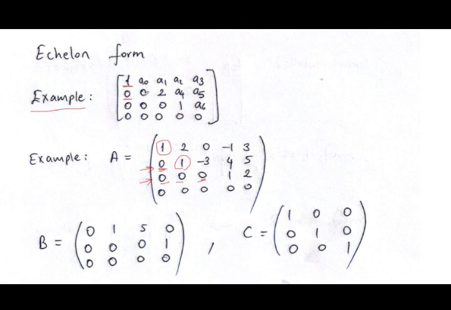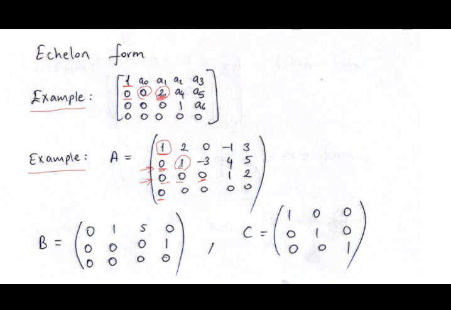When we go to the second row, as you see, we have this term, which is also 0, and then we have a non-zero term, that is 2. The terms below this term in the third and fourth rows must be equal to 0 as well. Similarly, in the second example, the first row has the leading term equal to 1, and below that we have all these 0 terms.